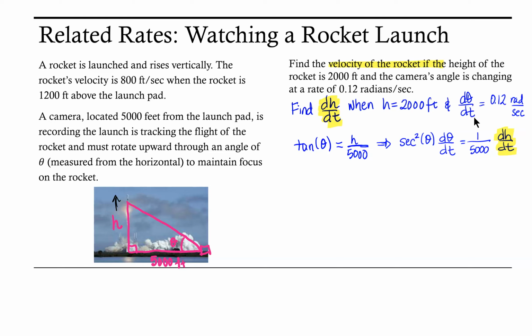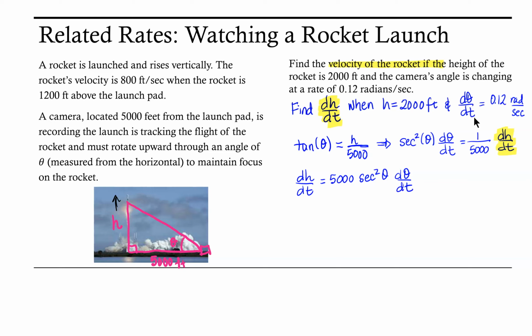So solving for dh/dt, I simply need to multiply both sides of this equation by 5,000. So let's go ahead and do that. And when I multiply both sides of the equation by 5,000, I end up with dh/dt equaling 5,000 times secant squared of theta times d theta/dt.